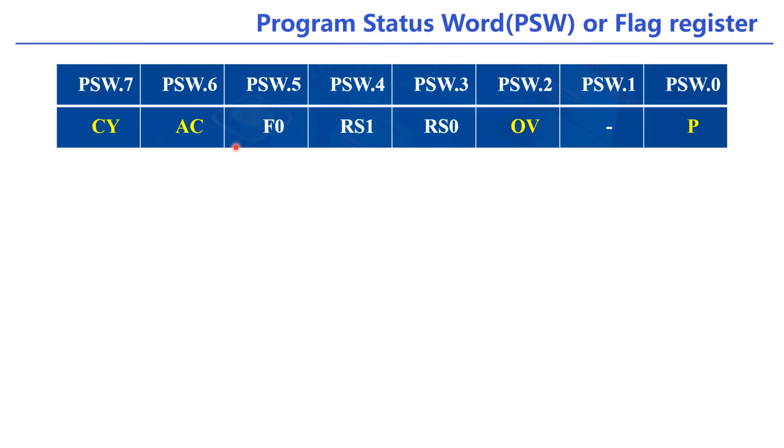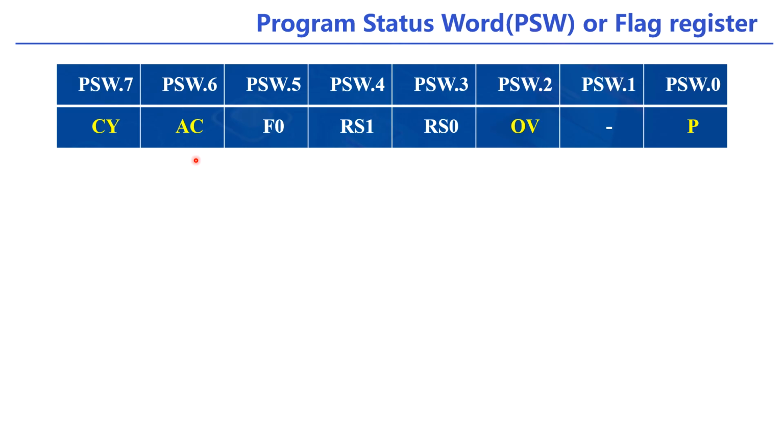Now we can come here. We have already seen F0. This is only for user purposes, a user defined bit basically. And this one, PSW.5 or PSW.1, remember. PSW.6 is the AC. AC is nothing but auxiliary carry.